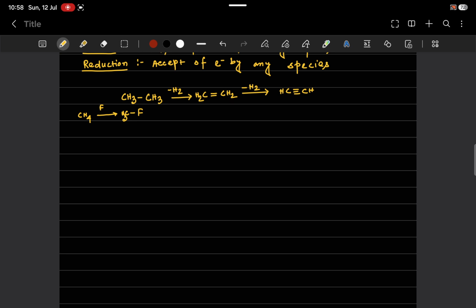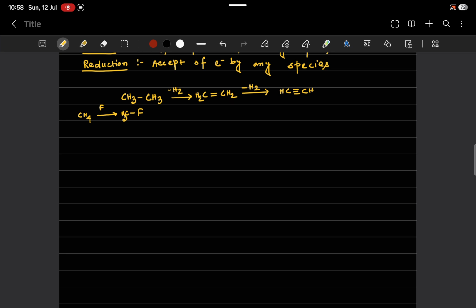So today in this lecture, I will also teach you how you can find out the oxidation number of a particular atom present in an organic molecule. There are some rules that have been proposed by different scientists, and we will learn those step by step.